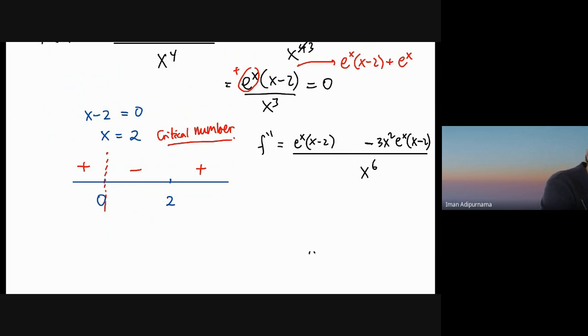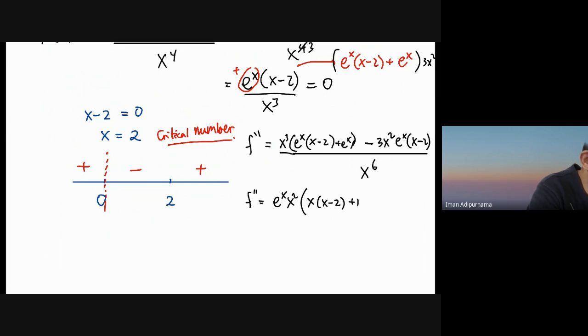This is plus e to the x, and then you need to calculate this with the 3x squared. Okay, I think this should be better.